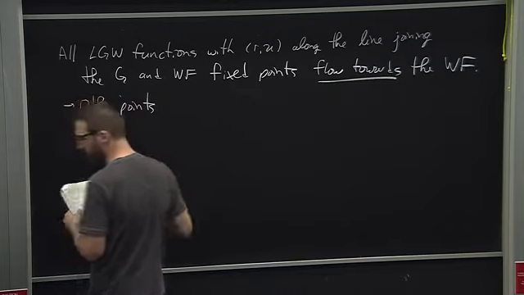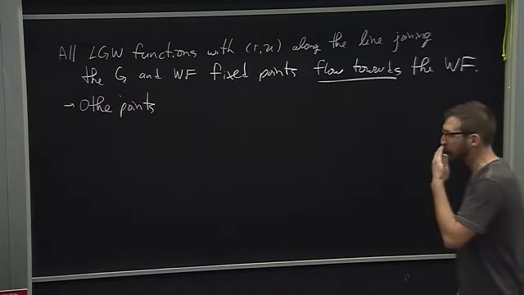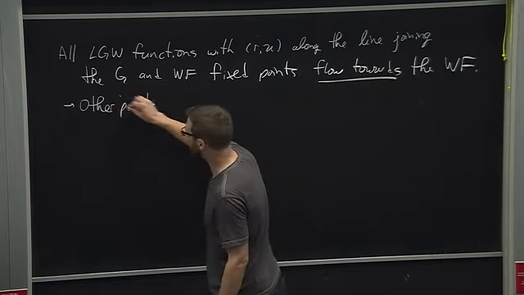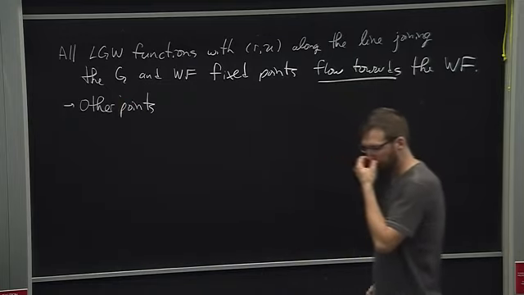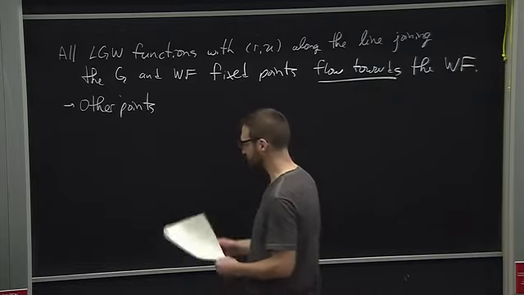So I think it's important to reiterate that if you're not on that basin of attraction, that line, then all the other points in that RG flow to either the paramagnet or the ferromagnetic phase.